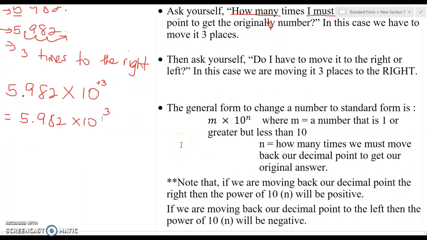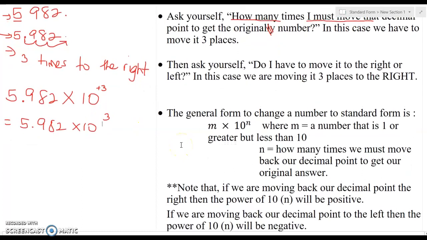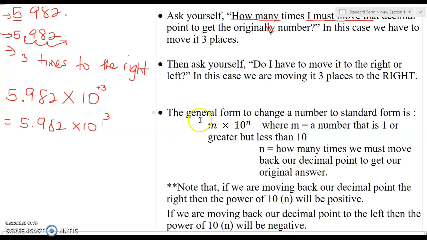Now, I wrote a generalized version here. The general form to change a number to standard form is m by 10 to the power n, where m is the number that is 1 or greater but less than 10. That's the number we get when we replace the decimal point. And n is how many times we must move our decimal back.